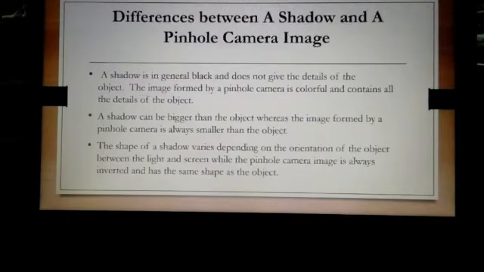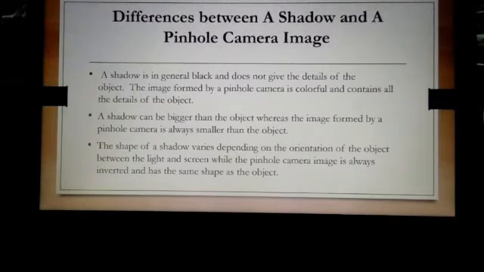Then there are some differences between a shadow and a pinhole camera image. In previous class, I explained about the shadow, isn't it? So, there are some differences between these two.